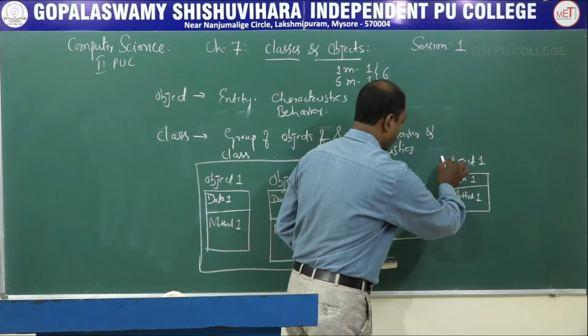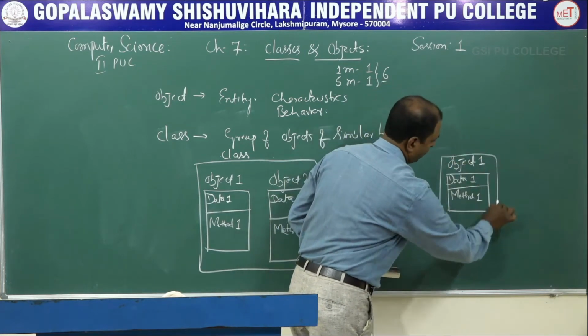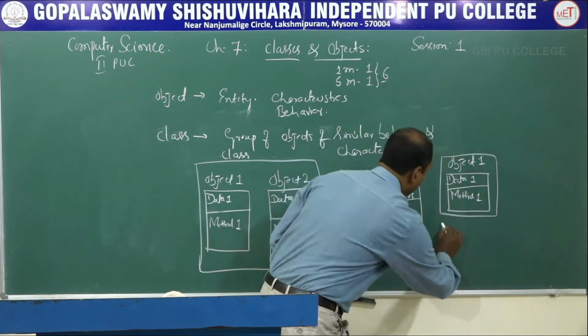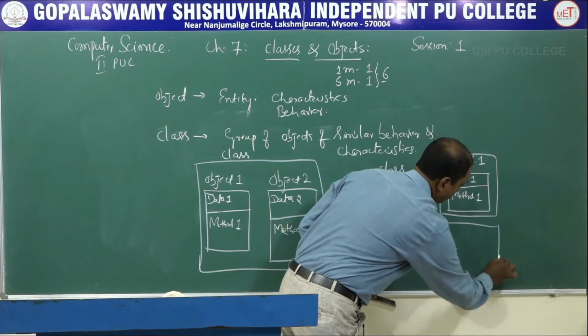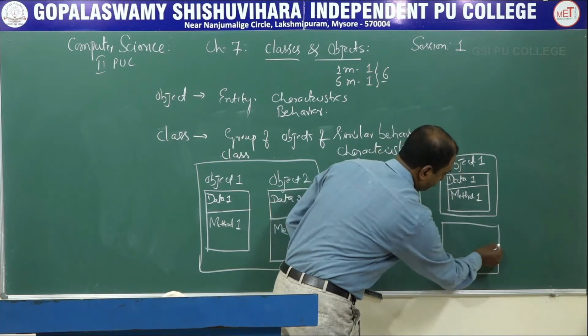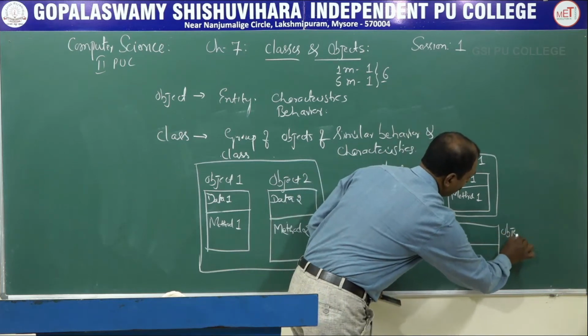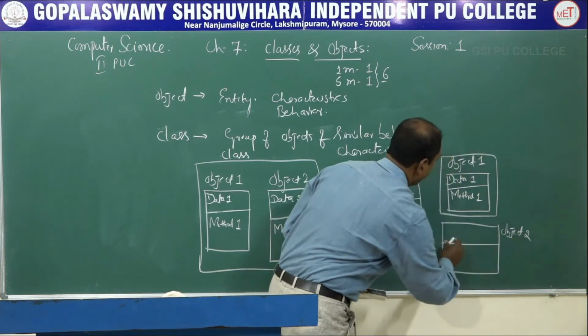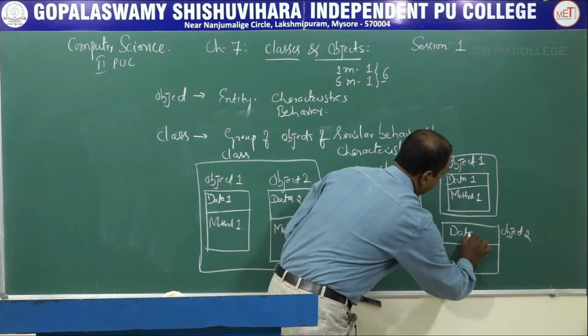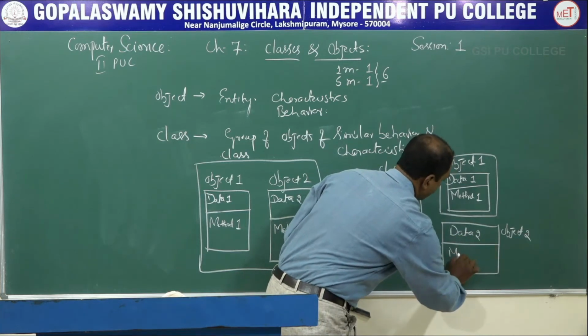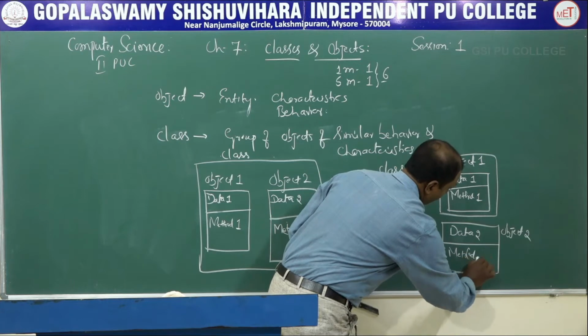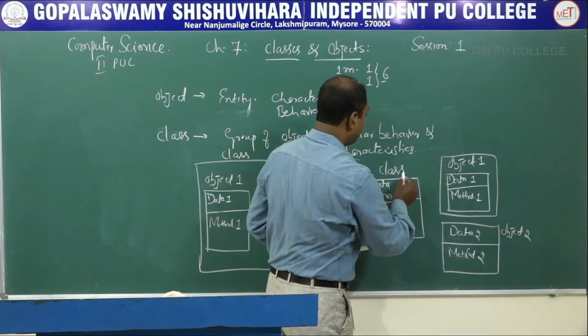This is one object, and this is object 2, and it has variables data 2 and method 2.